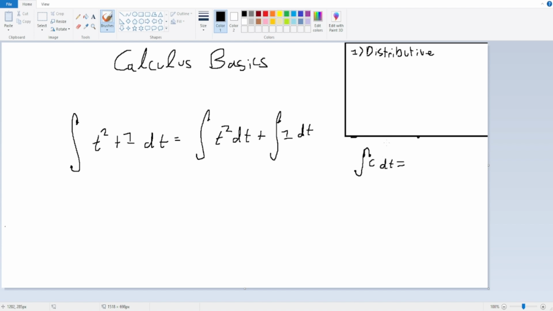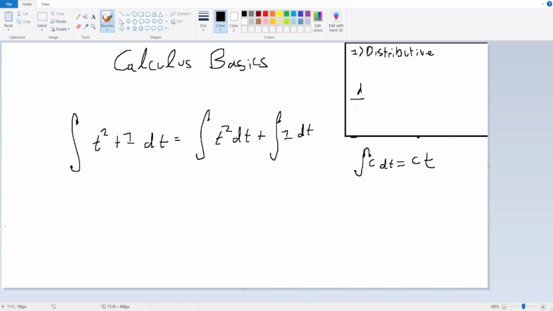It could be a billion, it could be 5, it could be 1,175. And so all you do, the integral is just the same constant times the parameter that you care about, ct.